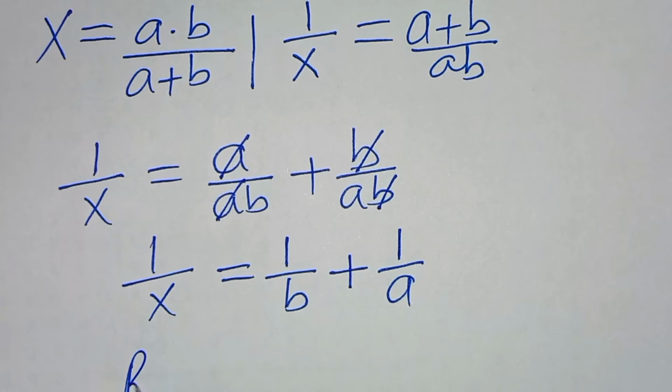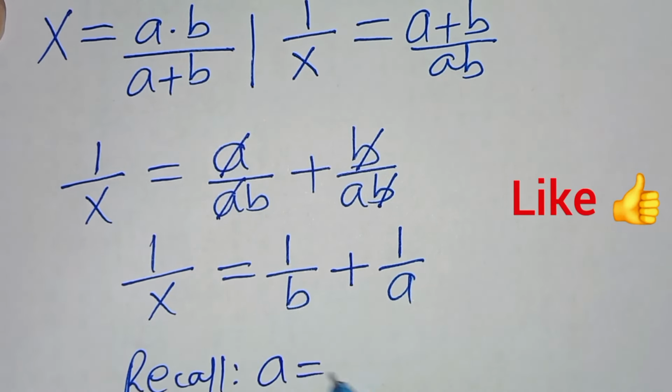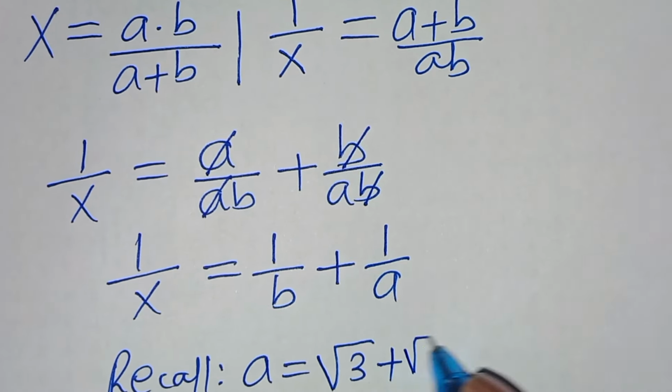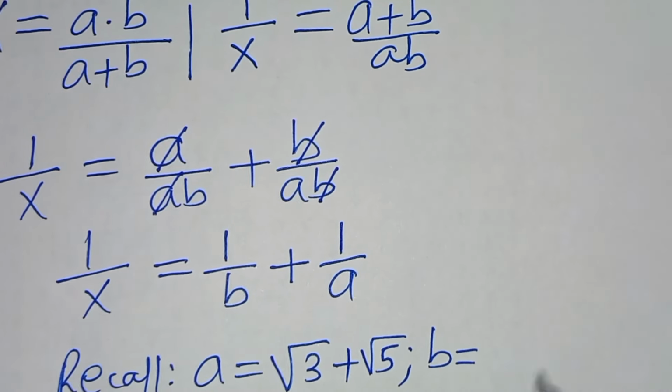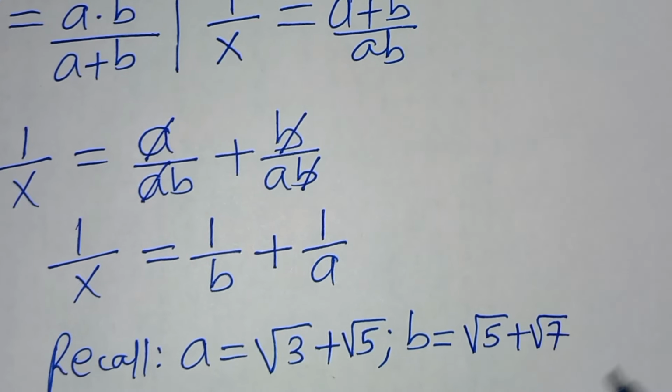So if you recall here, we have that a is the same thing as square root of 3 plus square root of 5, and we have that b is the same thing as square root of 5 plus square root of 7.